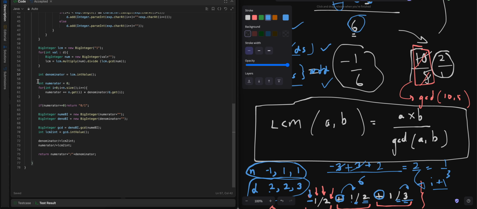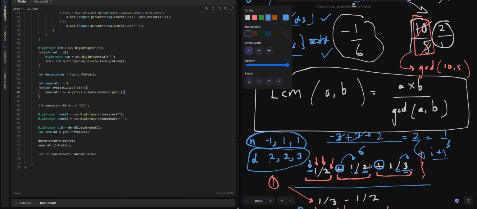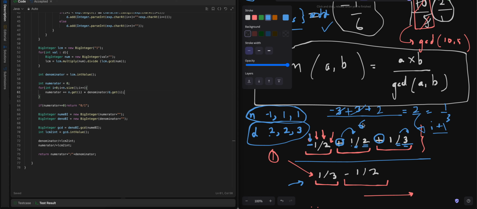Now we have to calculate the numerator also. How we did that is as I was just discussing here. Once we have found this value 6, this would be divided by the denominator of all the fractions. So that's what we are doing here. We are iterating over all the fractions.